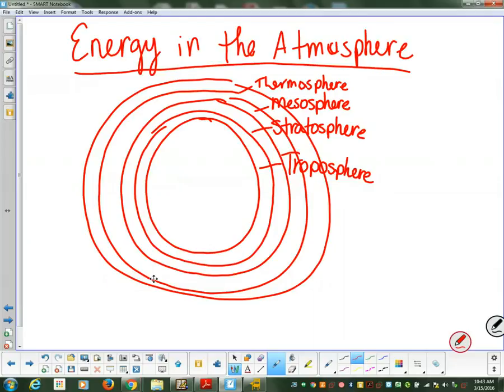And along with that, we know that Mr. or Mrs. Sun is going to strike our Earth. Okay, we know that the light from there is going to strike our Earth. And we call that a very specific name.